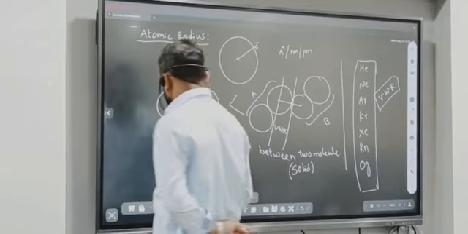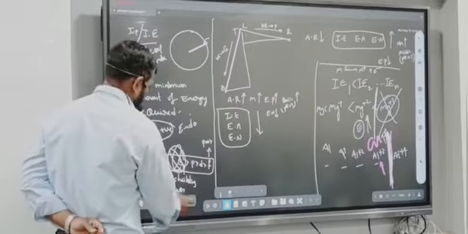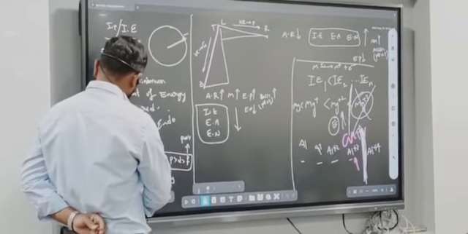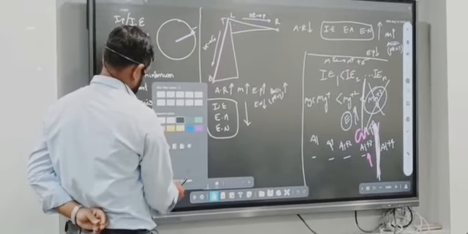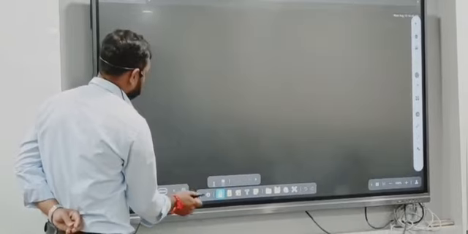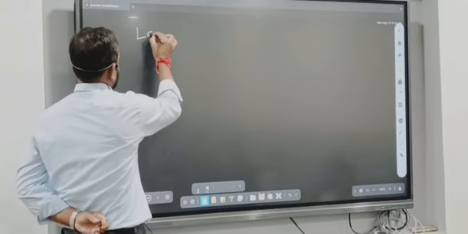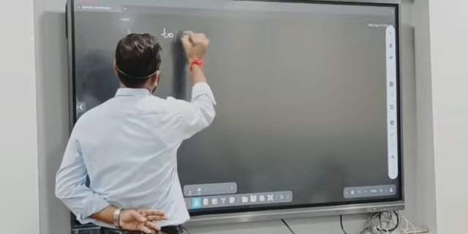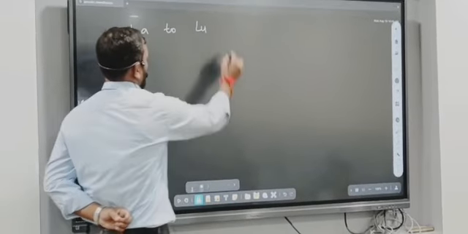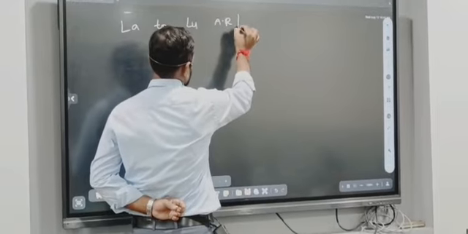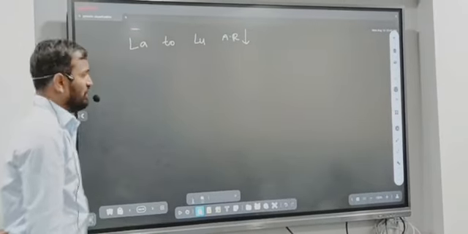So in lanthanides, from lanthanum to lutetium, atomic radius decreases left to right in general.